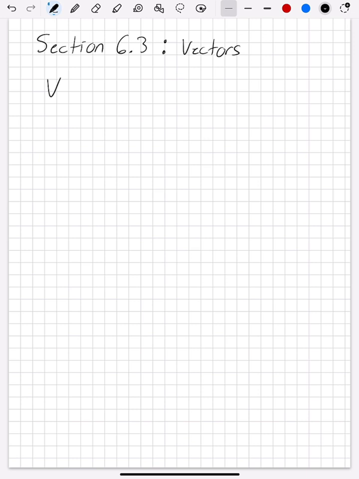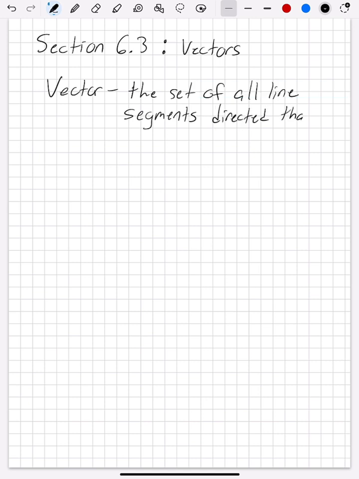Alright, so a vector is the set of all directed line segments that are equal to a given segment in the plane.